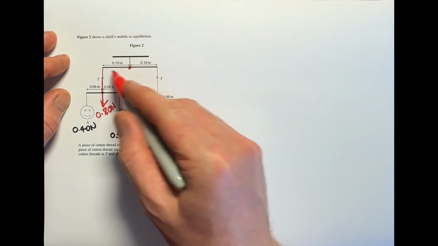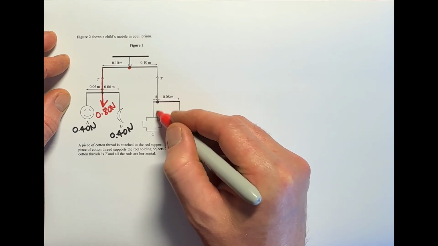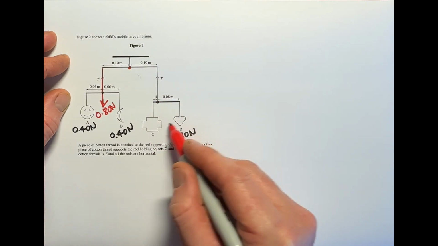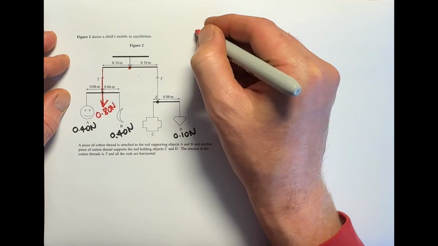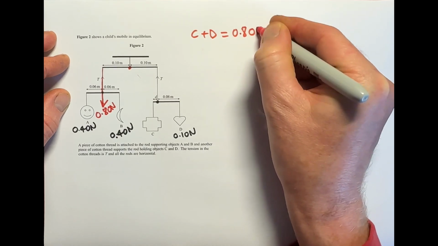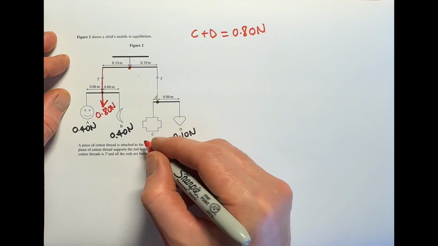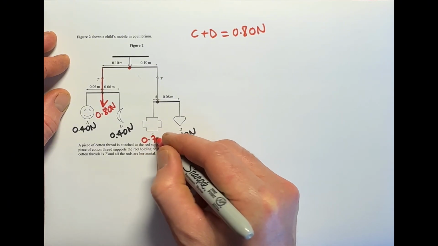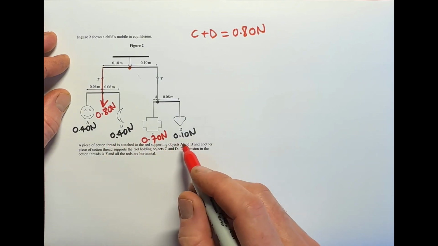It doesn't matter where these two are situated. Because they're equidistant from the pivot, they must be the same force. So the force acting down here must be 0.8 newtons, which means the weight of C plus D equals 0.8 newtons. Now if D is 0.1 newtons, that makes C 0.70 newtons. All right, so we've worked out all the weights of these different objects.